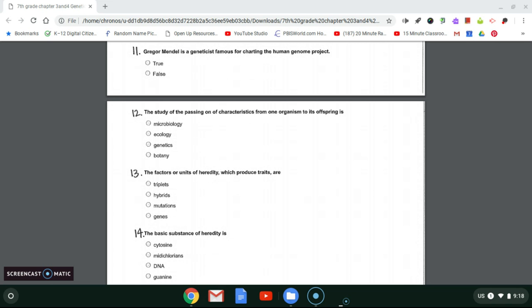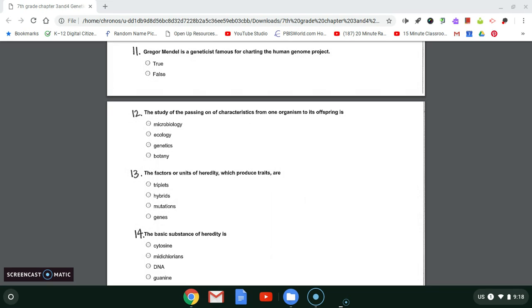Gregor Mendel is a geneticist famous for charting the Human Genome Project. True or false? Number 12. The study of the passing of characteristics from one organism to its offspring is microbiology, ecology, genetics, or botany?